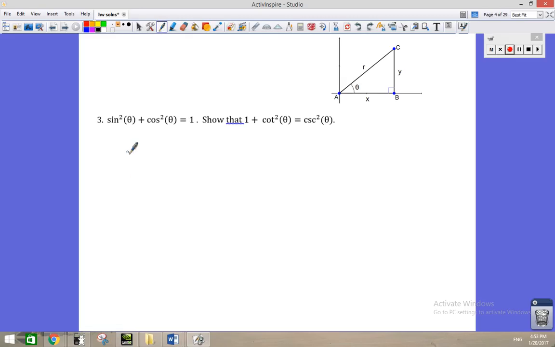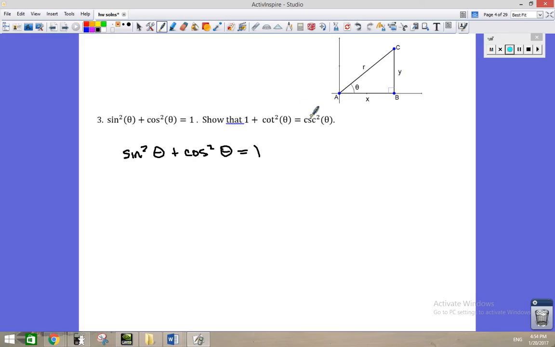If I start with sine squared of theta plus cosine squared of theta is equal to 1, since I know this to be a true identity, I could treat this like an equation, and I can use my properties of equality.